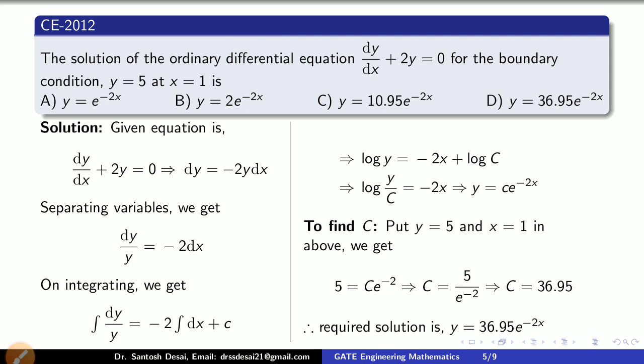Now there is one shortcut for this example. You just go on putting the values of x and y in each option, and the option which satisfies both sides is the solution of the given equation. That means first you put x is equal to 1 in option A and check whether you are getting y is equal to 5 or not.